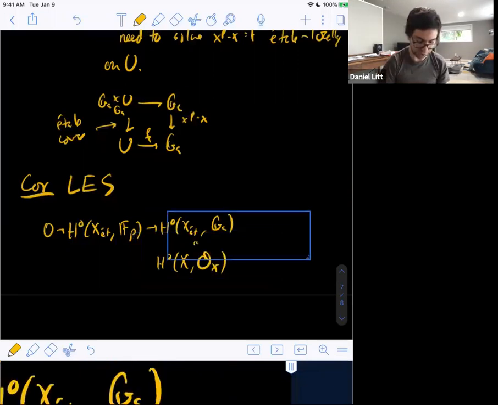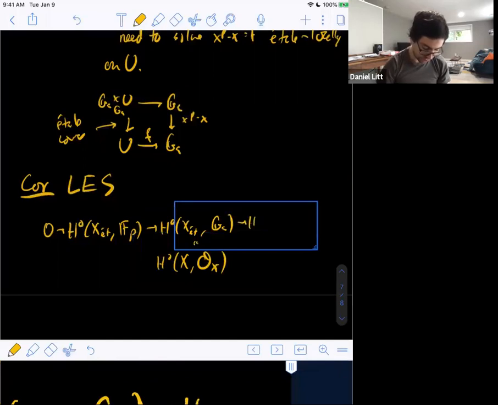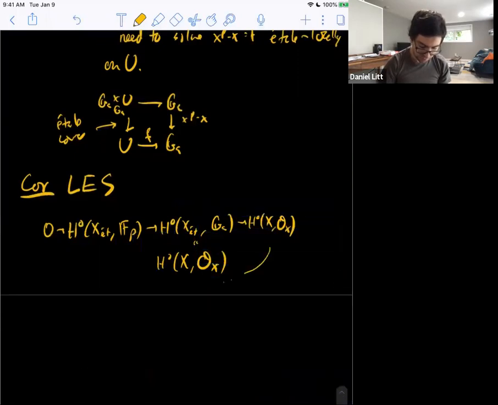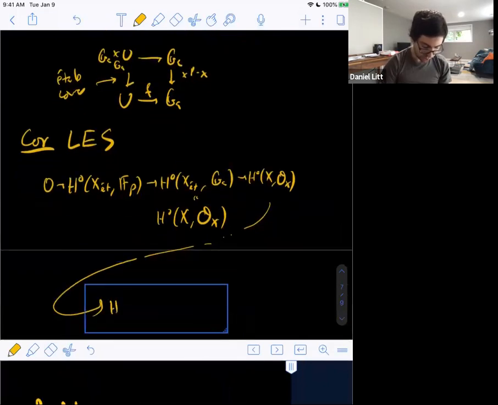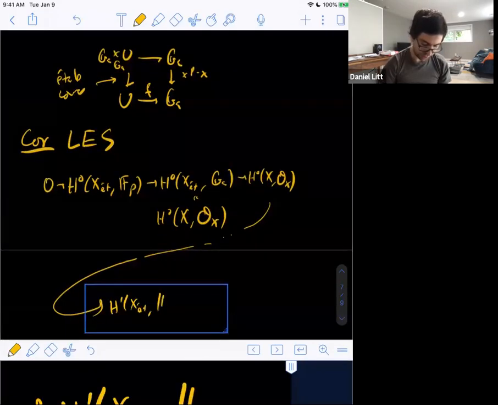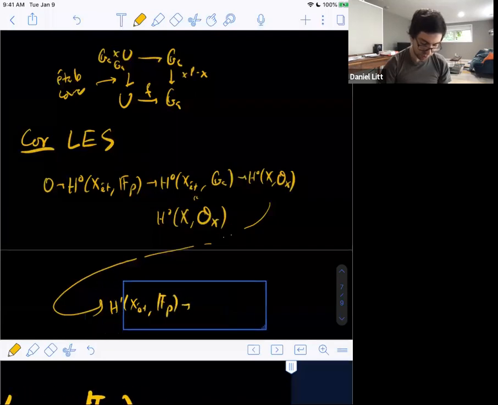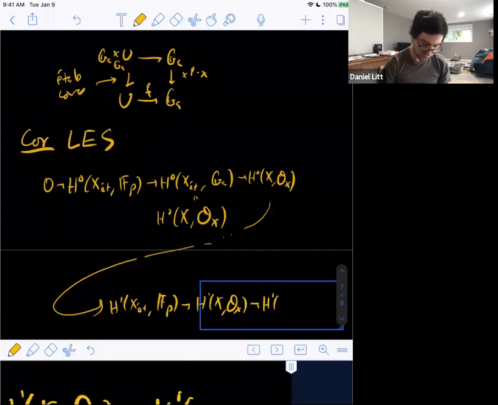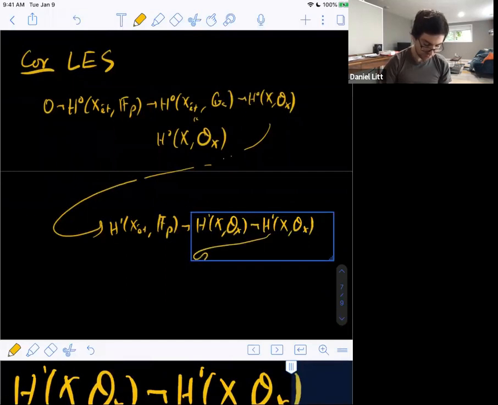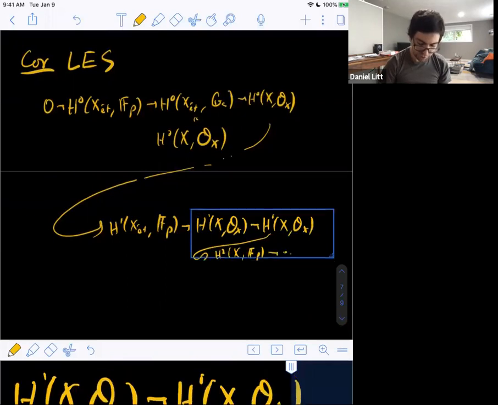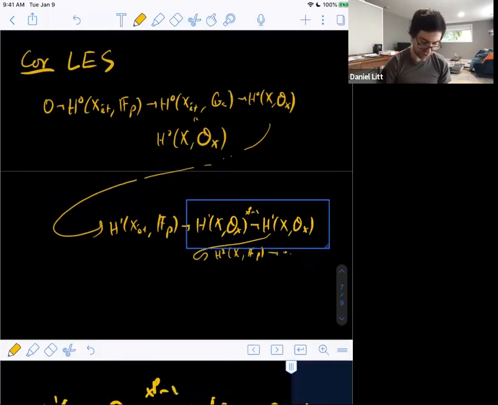This goes to H^0(X, O_X), the same thing. That goes to H^1(X_Étale, F_p), goes to H^1(X, O_X), again something we now know how to compute. That goes to H^2(X, F_p), and so on. And all these maps are understandable. They're just the maps given by x to the p minus x.